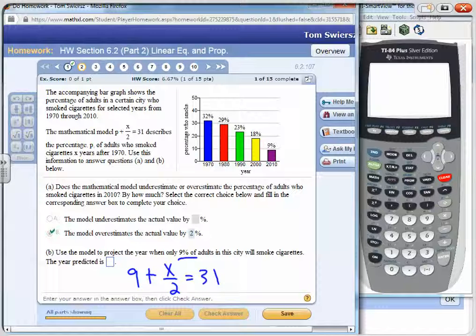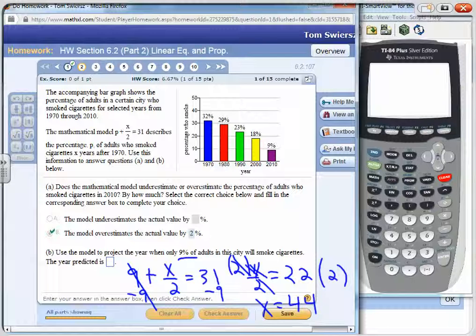We can subtract 9 from both sides. So this cancels, and we get x over 2 equals 31 minus 9, which is 22. Multiply both sides by 2. So the 2's cancel, and we get x equals 22 times 2, which is 44.